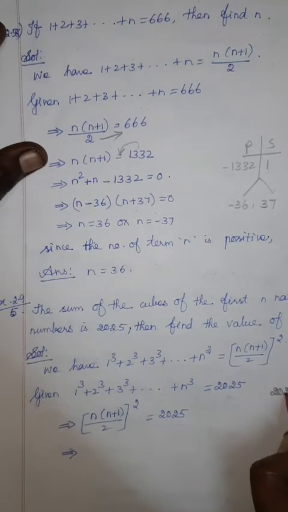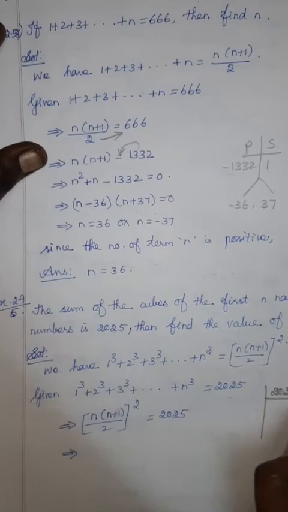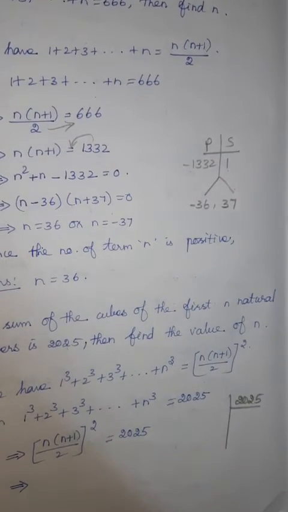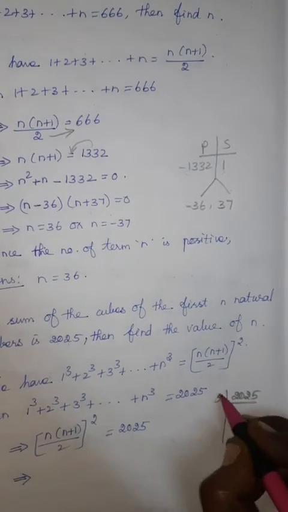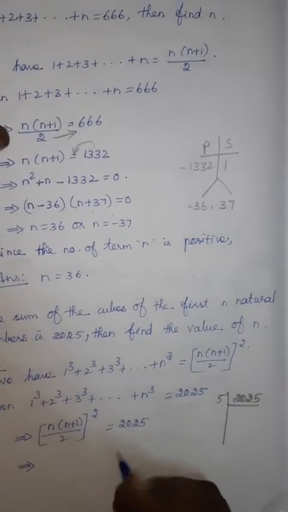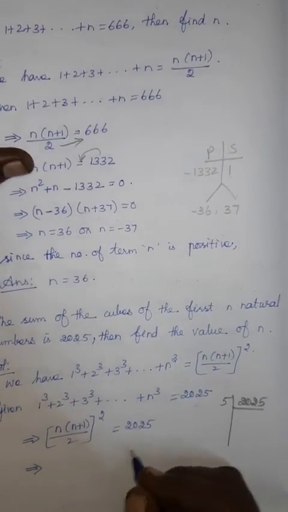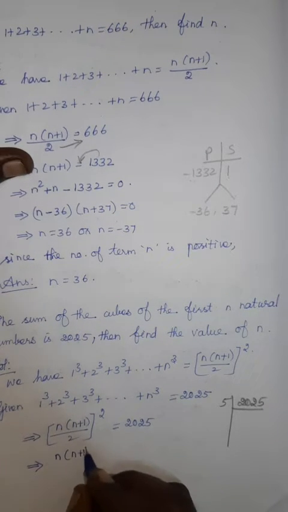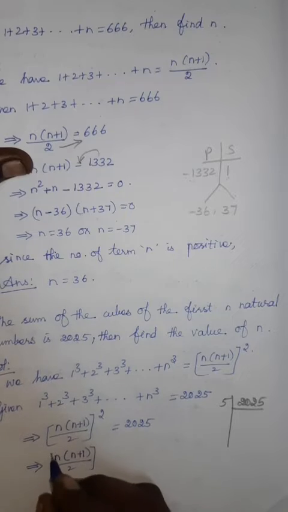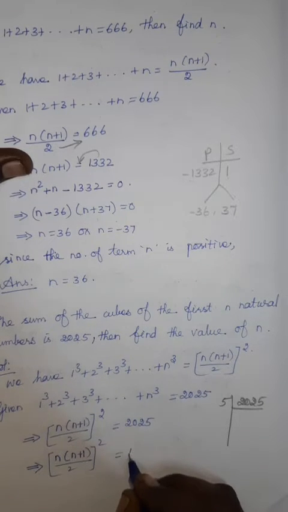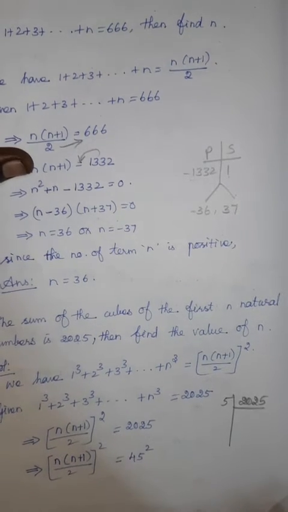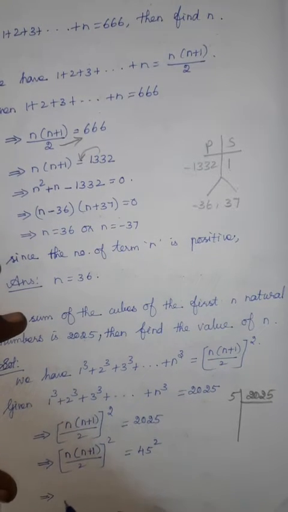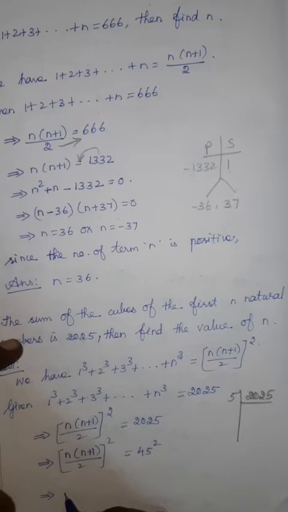Otherwise you factorize. If you know 2025 by heart, fine; otherwise you factorize using prime numbers and find the suitable factors, and you will get that it is 45². That means [n(n + 1)/2]² is equal to 45². Since the left side and right side are equal with the same power, the bases are also equal.